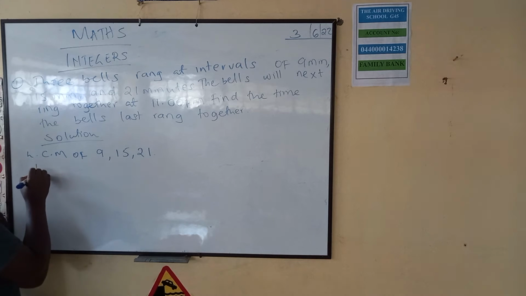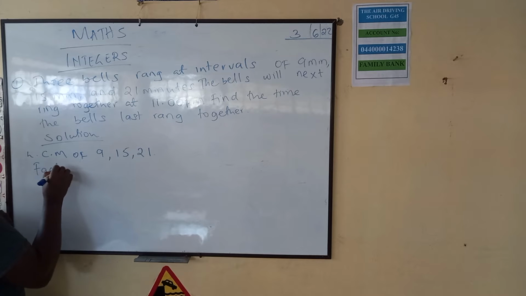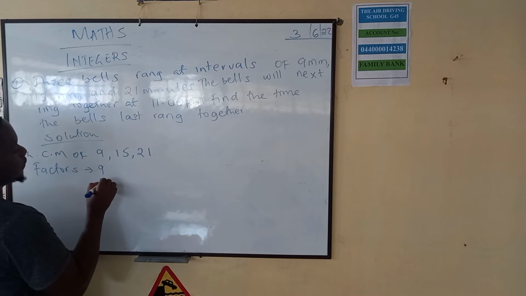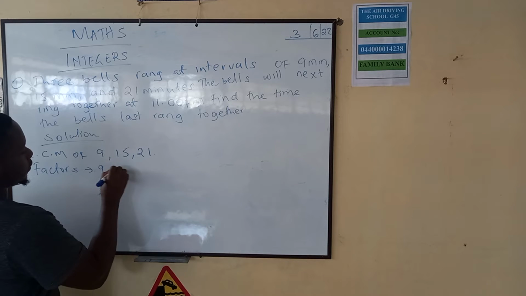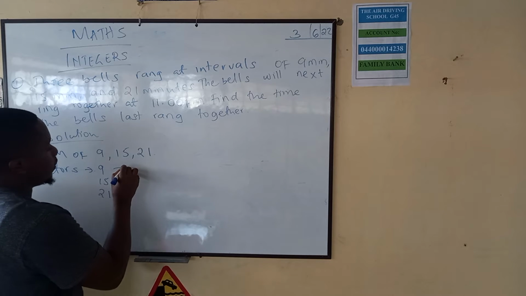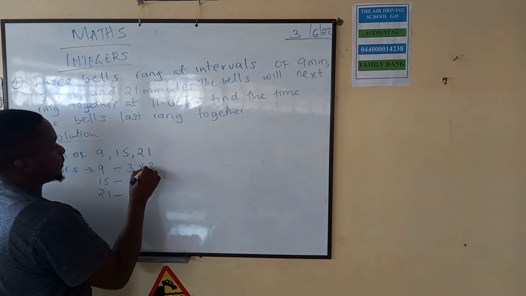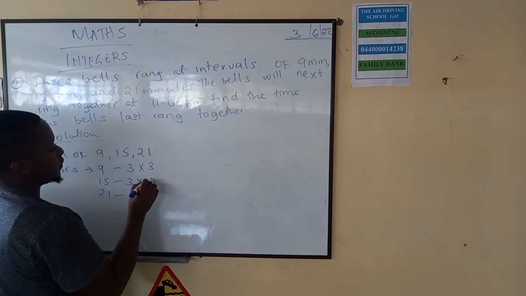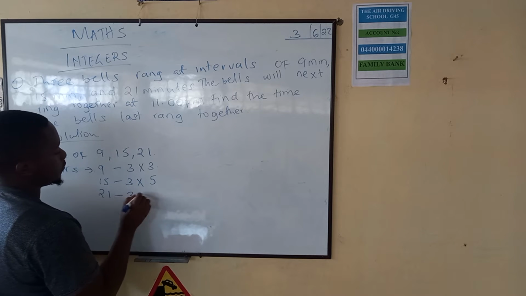First of all, we're going to find the factors of these numbers: 9, 15, and 21. For 9, we have 3 times 3. For 15, we have 3 times 5. And for 21, we have 3 times 7.